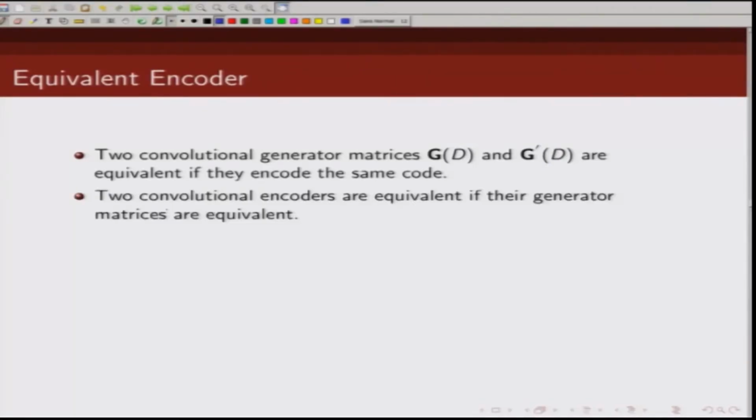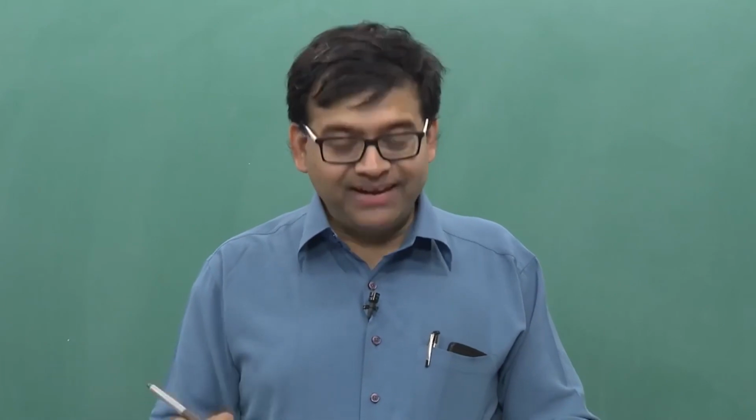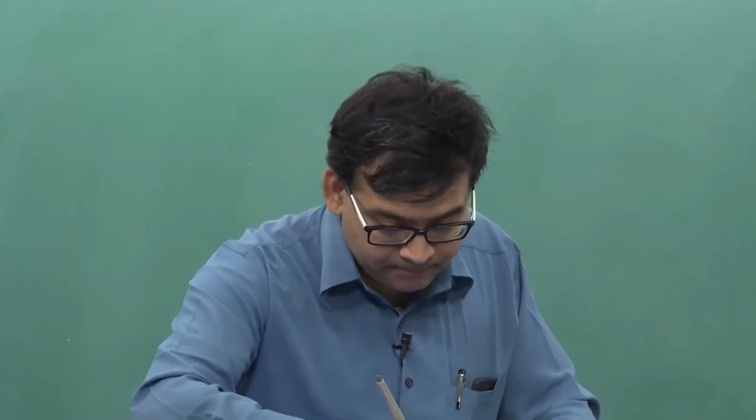Now, we say two convolutional encoders are equivalent if their generator matrices are also equivalent. In other words, if their generator matrices encode the same code, then we say the two convolutional encoders are equivalent.